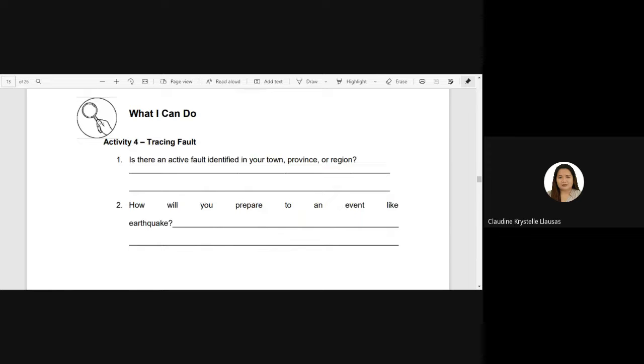Sige, I'll call Christine. Christine? Yes, ma'am. Loading kay, ma'am. Kadot lang, ma'am. How will you prepare yourself when there are earthquakes? Pwede ra Bisaya.